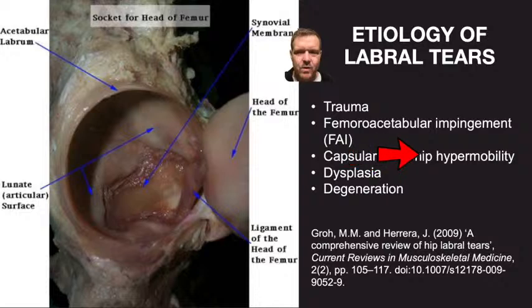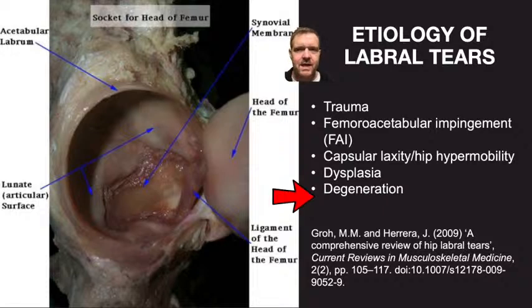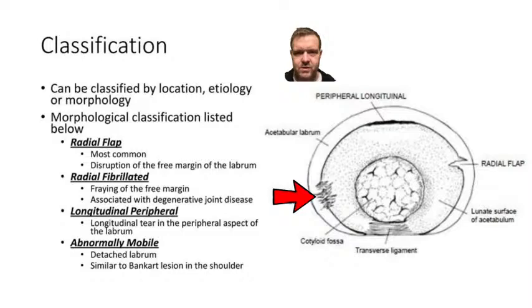Capsular laxity or hip hypermobility, so that's those ligaments we were just looking at, the ischiofemoral, iliofemoral, pubofemoral. All of those form the hip capsule, and if there's a laxity in those, then they don't hold the hip joint in place as well. So that's one of the reasons why you may get labral tears. Hip dysplasia, which we talked about last time, so that's where the socket is usually shallow, or degenerative changes. As you get a bit older, we just see the changes anyway. So those are the usual stories behind why you get a labral injury.